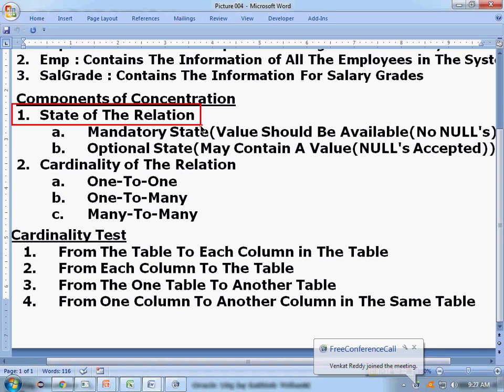So you take any table. A table is always a collection of columns. Now each column represents a property of the object on which you are operating. Certain properties are compulsory for that object to exist. Certain properties are not compulsory for that object to exist.